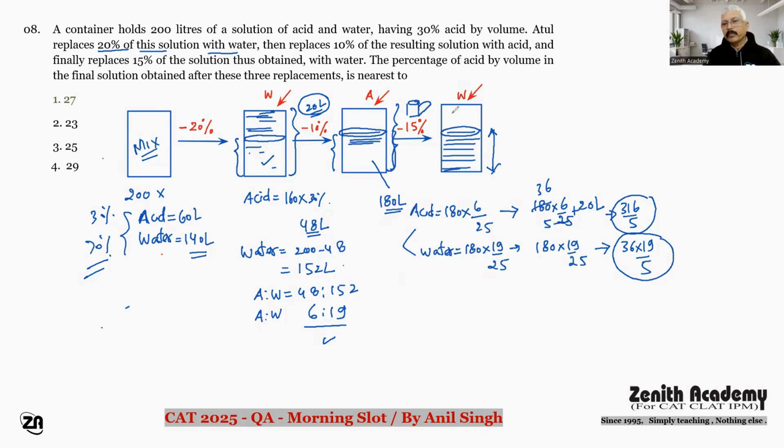So after this replacement with the water, एसिड इसमें कितना होगा? अब एसिड बचेगा 100, 15%, 200 का 15% इज व्हाट? इट इज इक्वल टू 30.